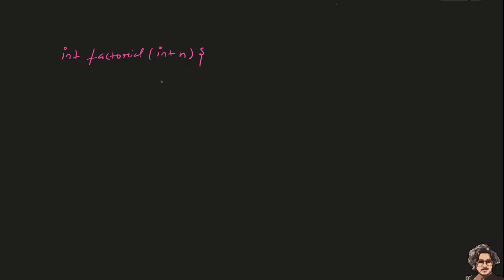In that case, if our n value becomes 0, we have to return 1. Otherwise we have to return and search for the smaller one, one step down.